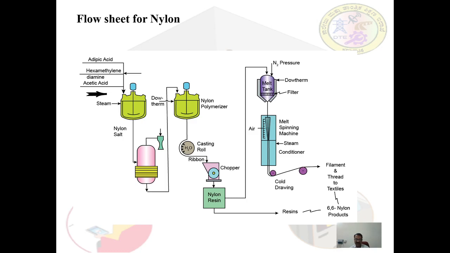The major difference in the physical properties of these two nylons is that the melting point of nylon 6,6 is in the range of 40 to 45 degrees higher than nylon 6. Moreover, nylon 6,6 is harder, rigid, and its abrasive resistance is lower than that of nylon 6.